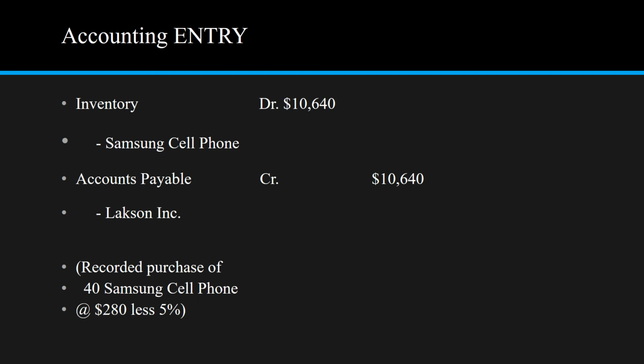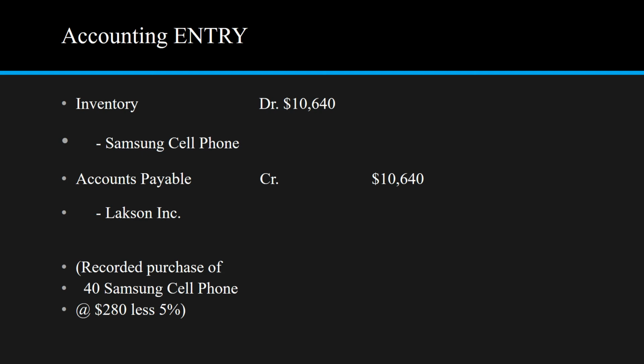So remember that inventory is a parent account and it can have several sub accounts depending on the nature of the business. If it's a cell phone, or a TV, or a computer, whatever it is, that is a sub account to inventory.